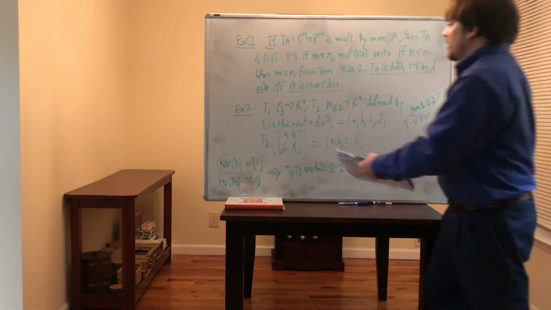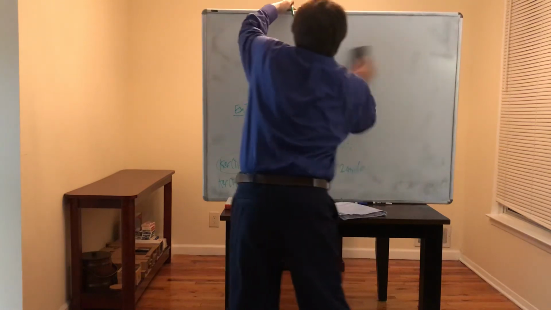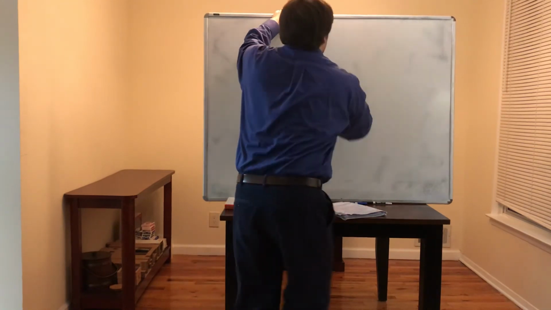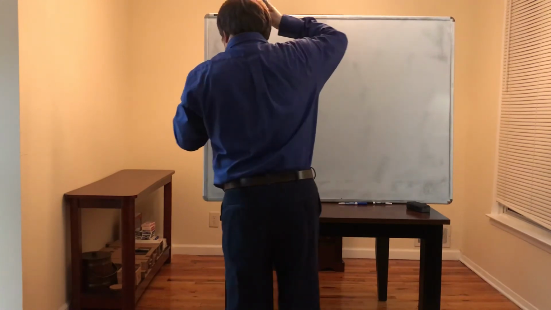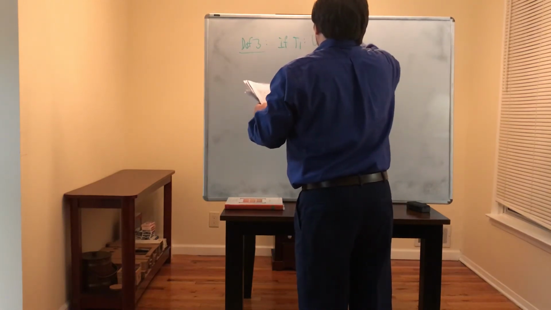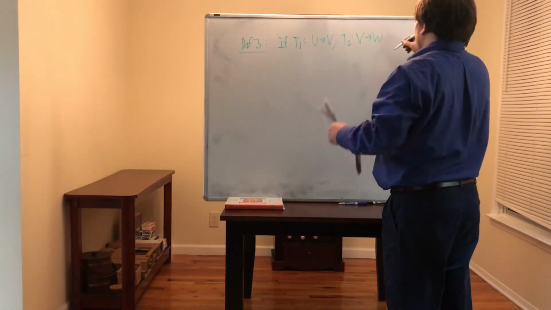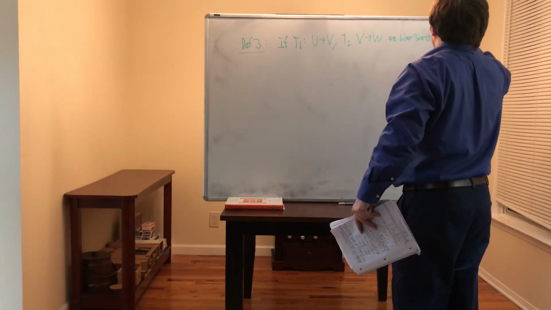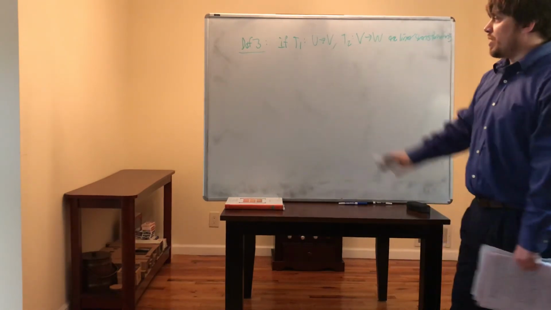Okay, definition 3. If T1 is from U to V and T2 is from V to W, and they are linear transformations, so we're just giving them a name by saying linear transformations. They meet all the conditions of a linear transformation. We're assuming a lot of things about T1 and T2 already.